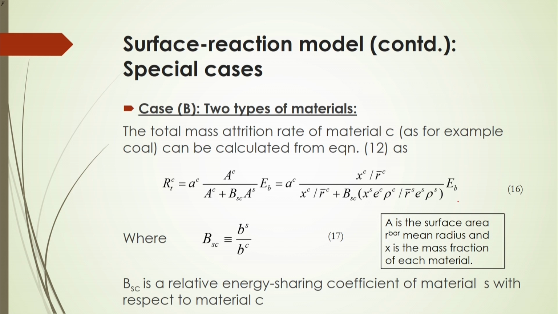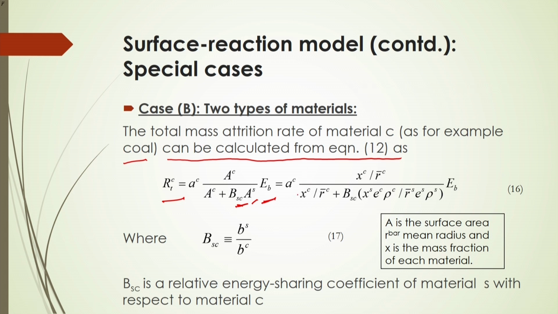Now, if we use the surface reaction model for two types of materials, suppose a mixture of coal and sand, the total mass attrition rate of material C, for example coal, can be calculated from equation 12. That will be RTC, equal to AC by AC plus BSC into AS for sand, C for coal, and then the total energy required.